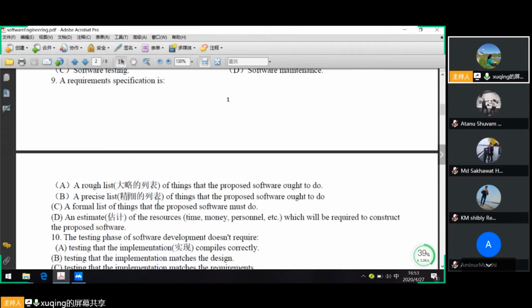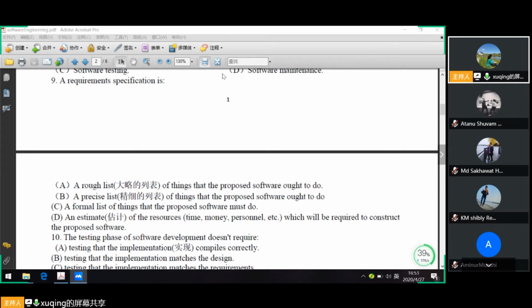A precise list of things that the proposed software ought to do. A formal list of things that the proposed software must do. An estimate of resources, time, money, personnel, etc., which will be required to construct the proposed software.